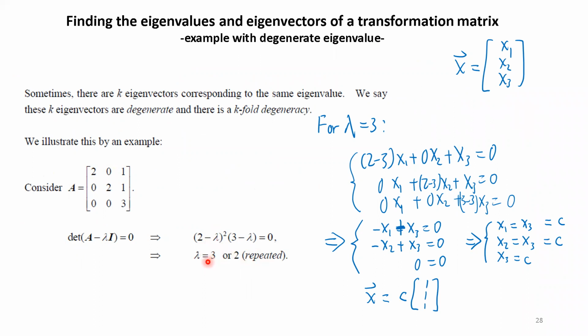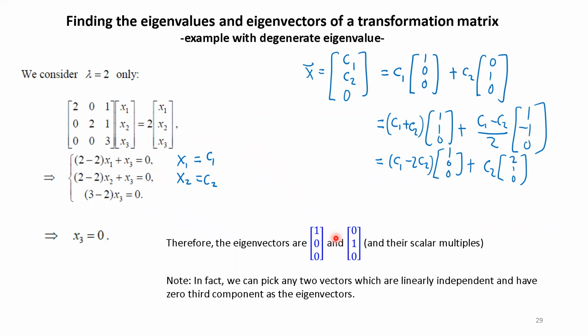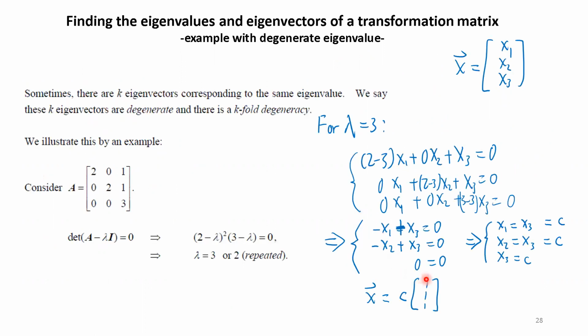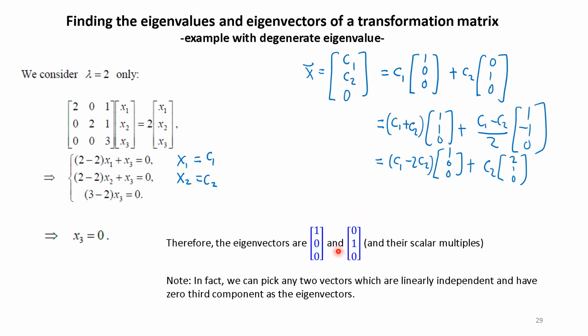For the first eigenvalue, which is not repeated, of course, I got an eigenvector, no problem. For the repeated eigenvalue 2, we are also able to find 2 eigenvectors. So everything is still okay: we do have 3 linearly independent eigenvectors. You can check that 1, 1, 1, and 1, 0, 0, and 0, 1, 0 form a linearly independent set.